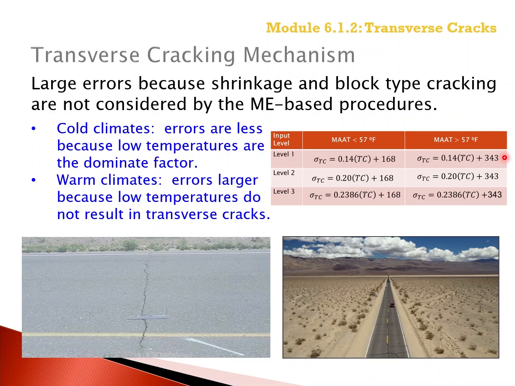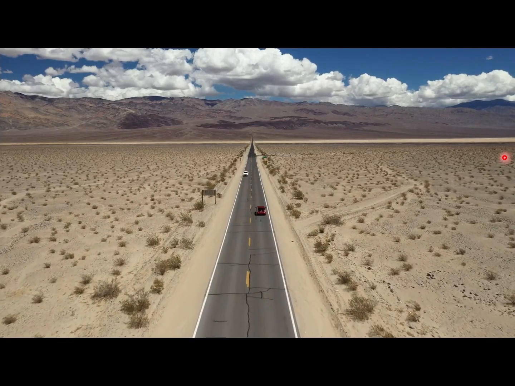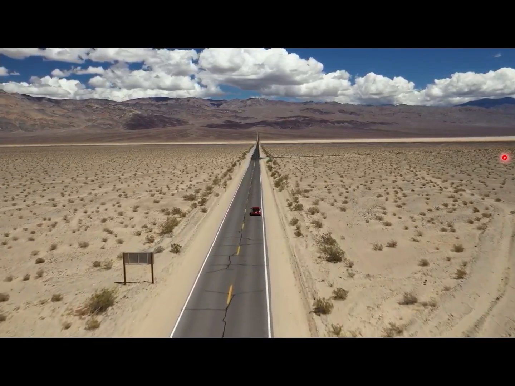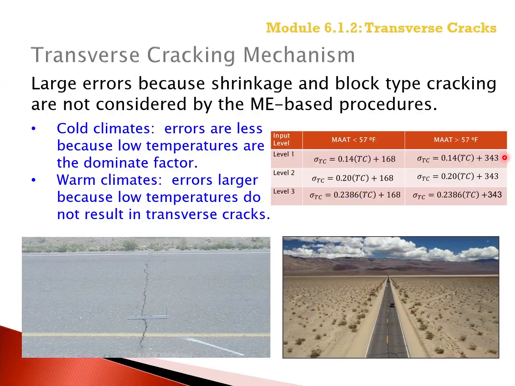Thus, the error is greater in the warmer to hot climates because of other mechanisms being grouped under a single calibration coefficient or constant, which is the beta sub T value.